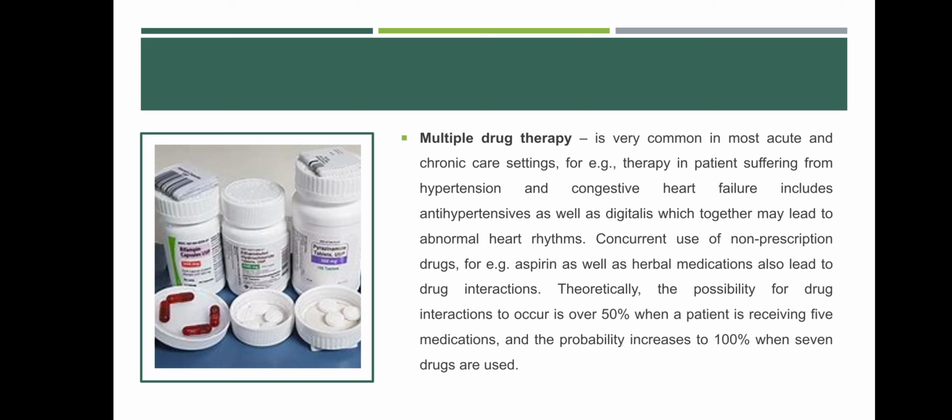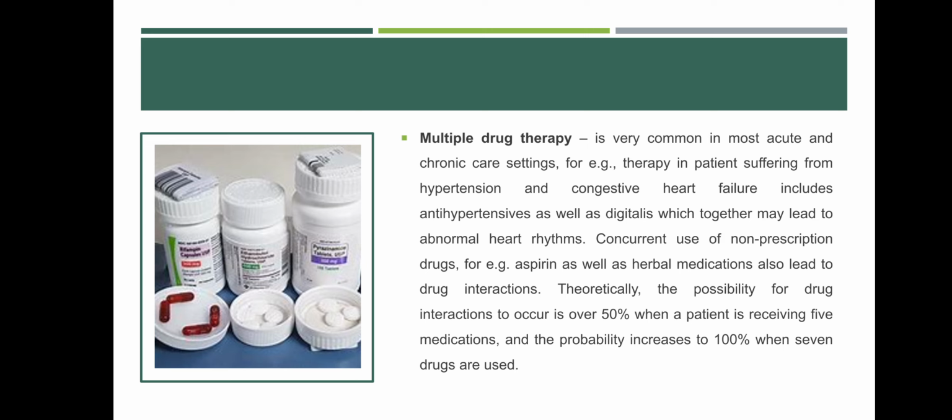Multiple drug therapy is very common in chronic as well as in acute care settings, where therapy will be given to patients who are suffering from hypertension and congestive heart failure. So in this example a patient is having hypertension and congestive heart failure.